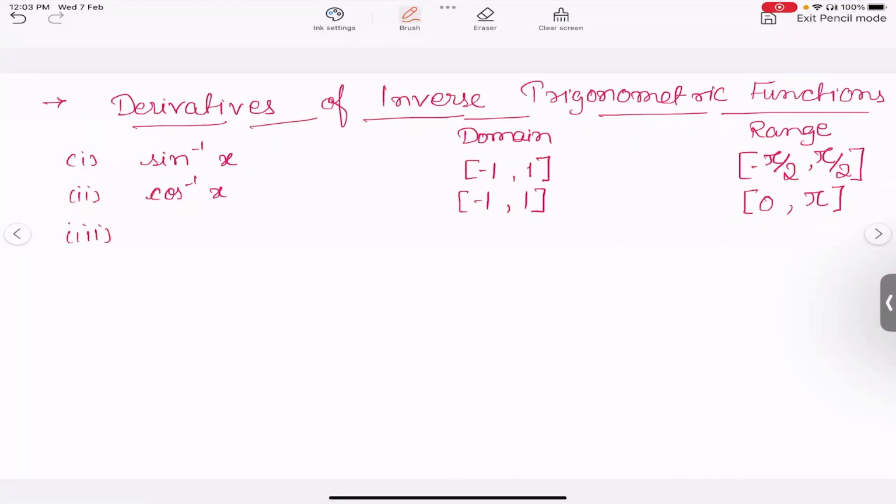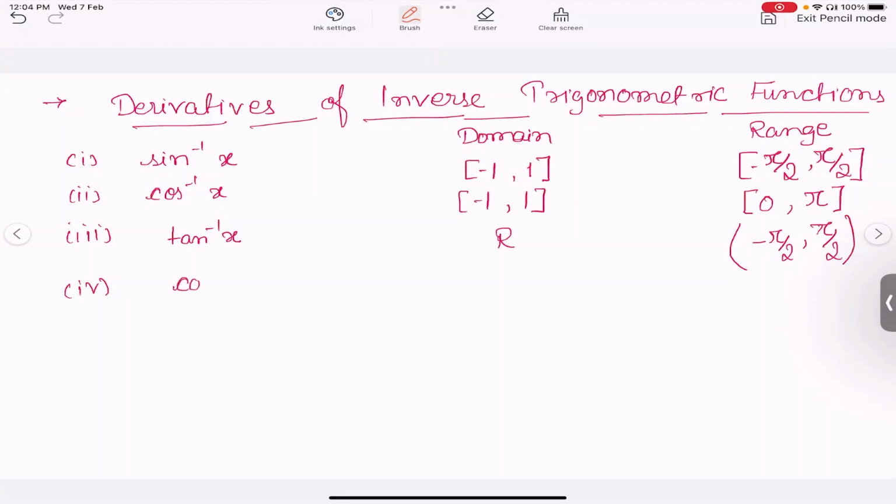So the next is tan inverse function. For this function, we already know that the graph looks like this, which goes from minus infinity to plus infinity. So the domain of this function will be R, and the range will be minus pi by 2 to pi by 2, both the endpoints excluded.